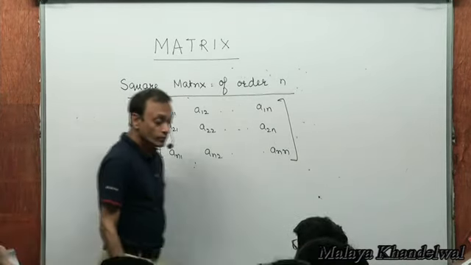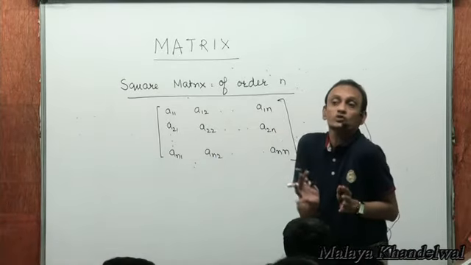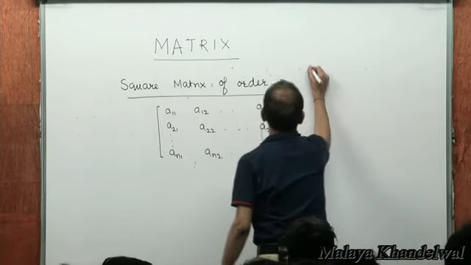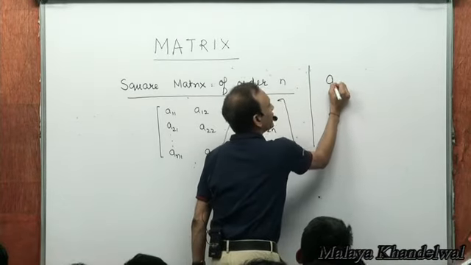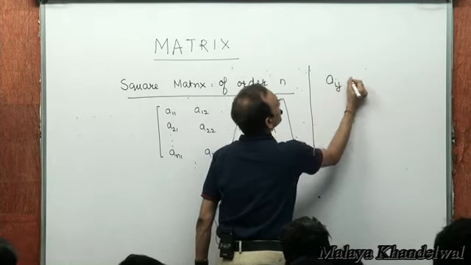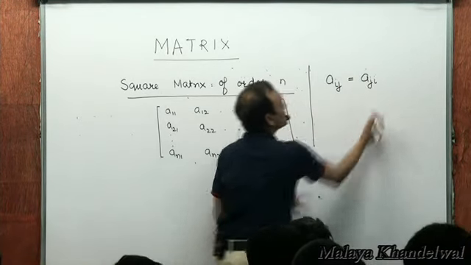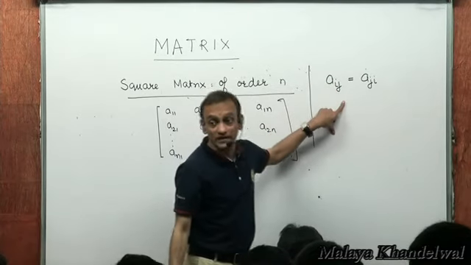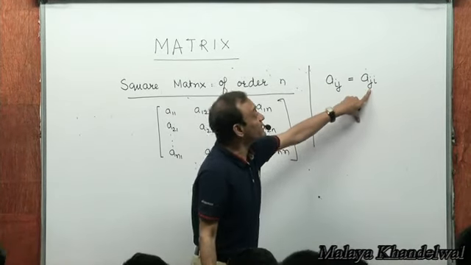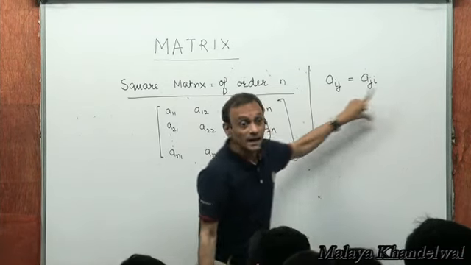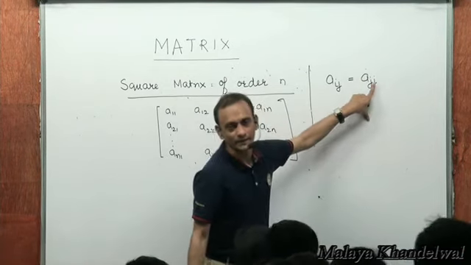Now, some square matrices could be such where Aij equals Aji. That means the element in the ith row and the jth column will be the same as the element in the jth row and the ith column. Some square matrices will have this property.